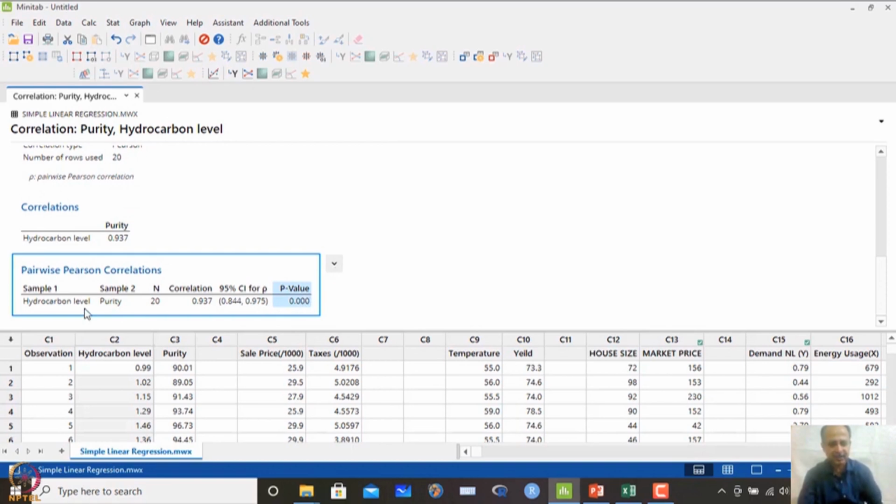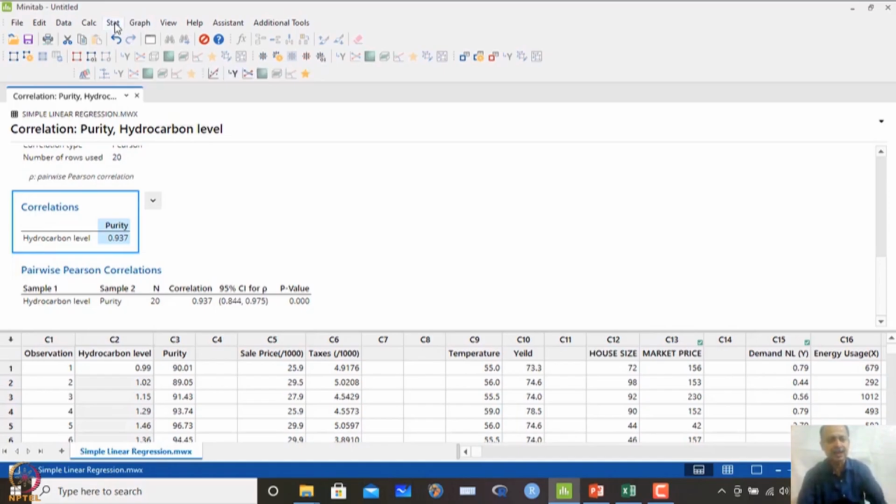That indicates that purity and hydrocarbon are highly correlated. The correlation value is 0.937, which is more than 0.7, and that is very good. The p-value indicates statistical significance, which means they are highly and linearly correlated. Pearson correlation is used here.